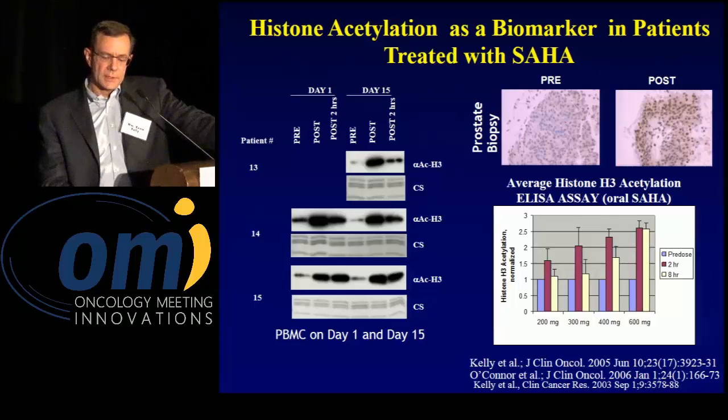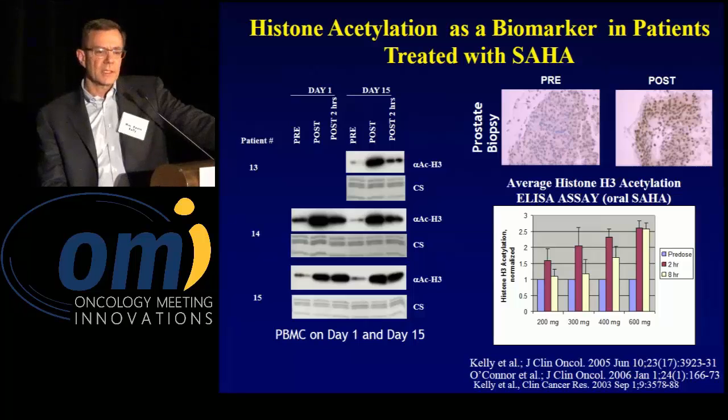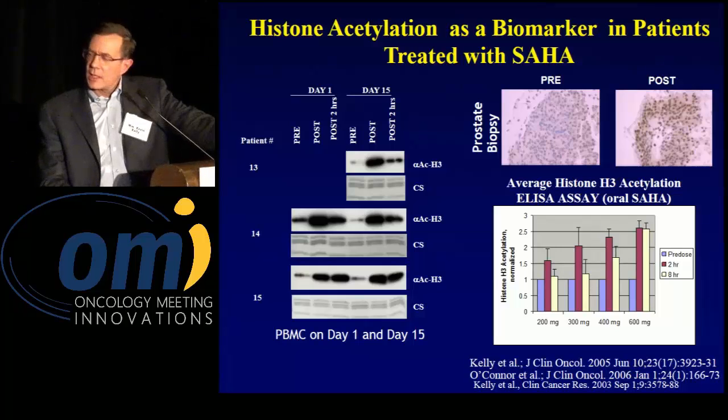What we saw is that reproducibly, even at the lowest levels, we saw acetylation of H3 in the blood, pre and post, and it lasted for around 2 hours after the infusion. And it repeated even out to 6 months, we could see this still occurring.